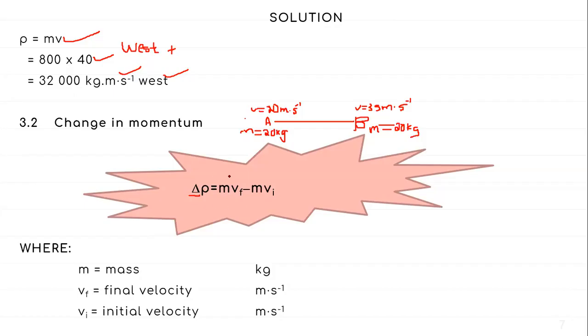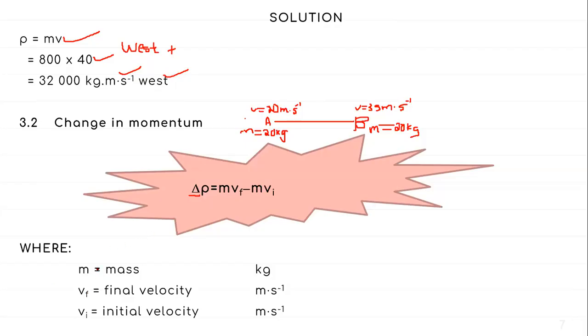Why final momentum minus initial momentum? Because here I'm taking the mass and I'm multiplying by the final velocity. So this is a product and therefore it will be the final momentum. Mass times initial velocity is a product, so it will be the initial momentum.